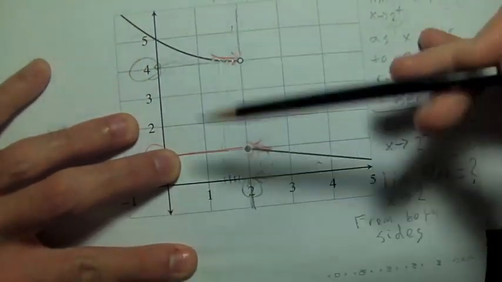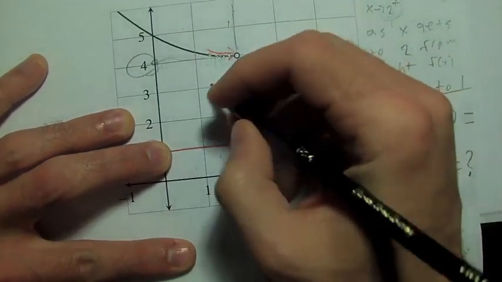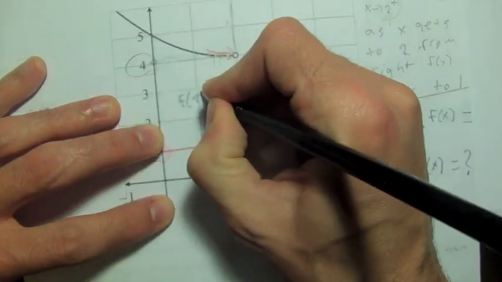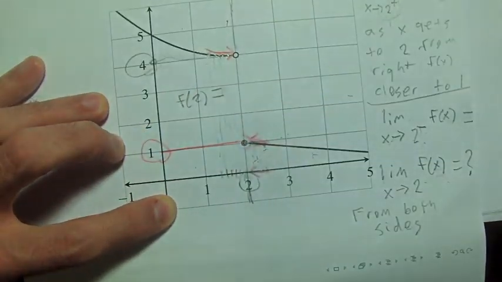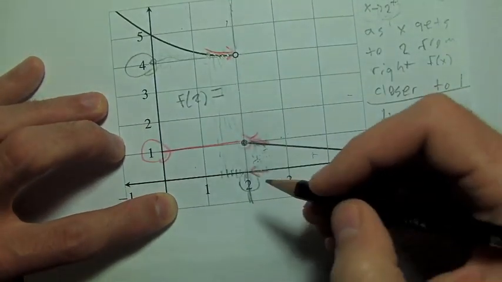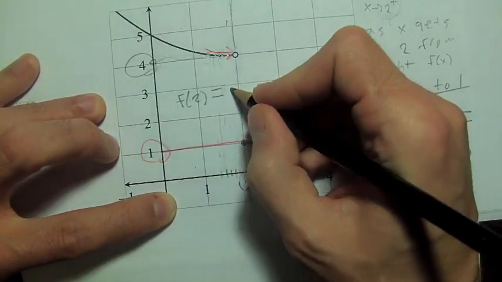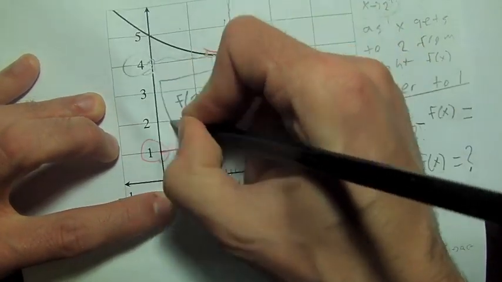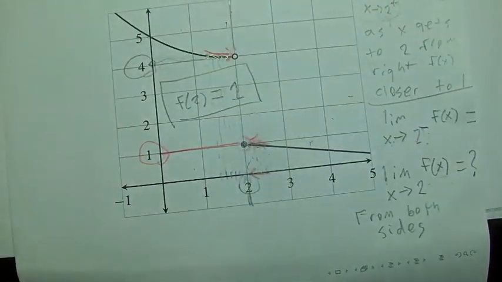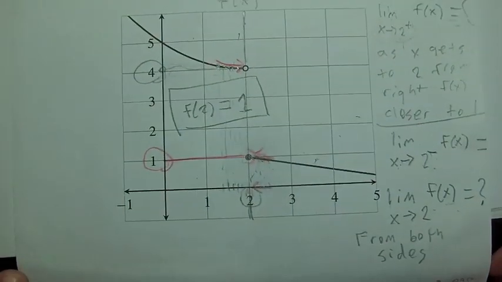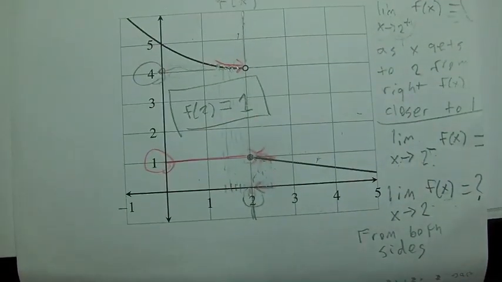We know that the limit does not exist, but if I wanted to find f of 2, if I actually plug in f of 2, remember we go to where the closed dot is, which is 1. So the function actually has a value at 2. It's equal to 1. But the limit does not exist.